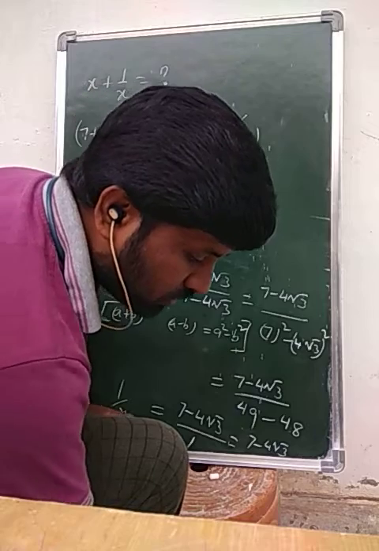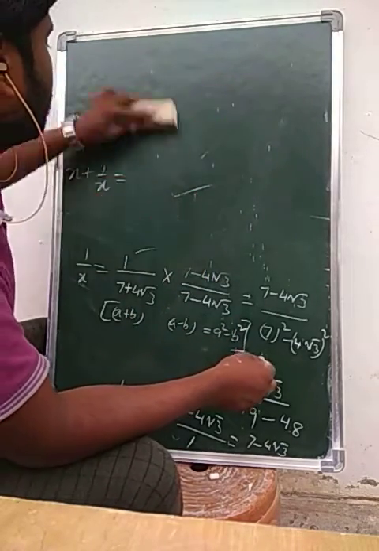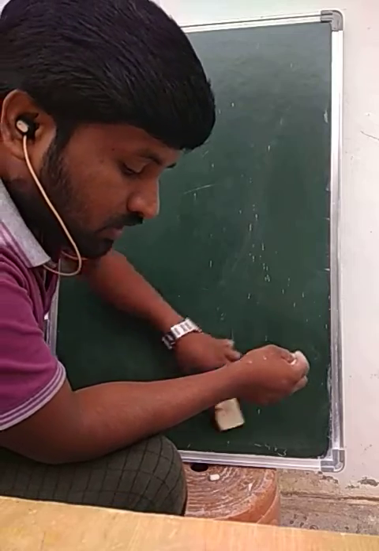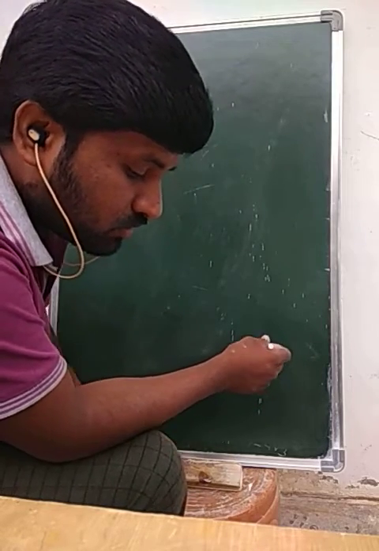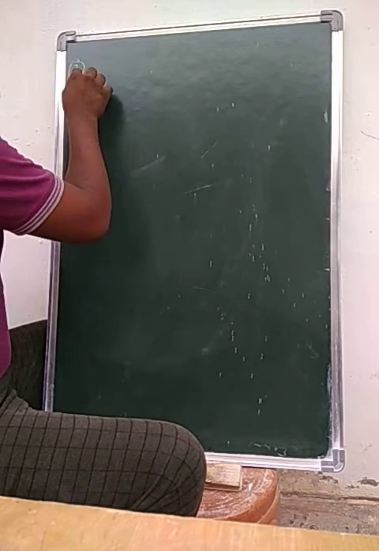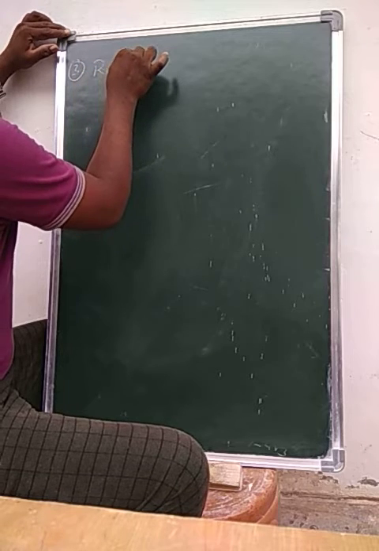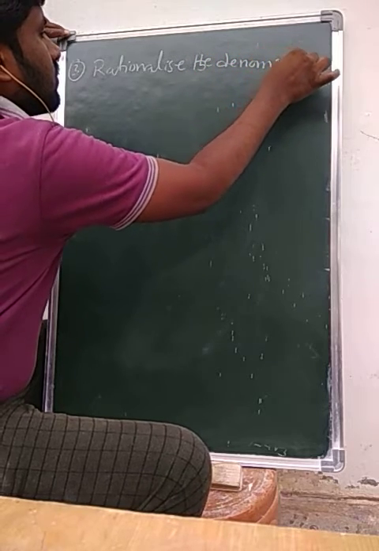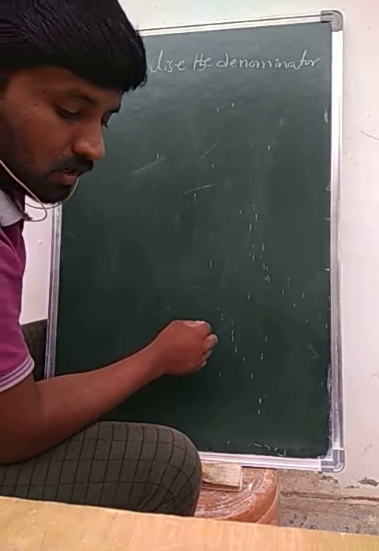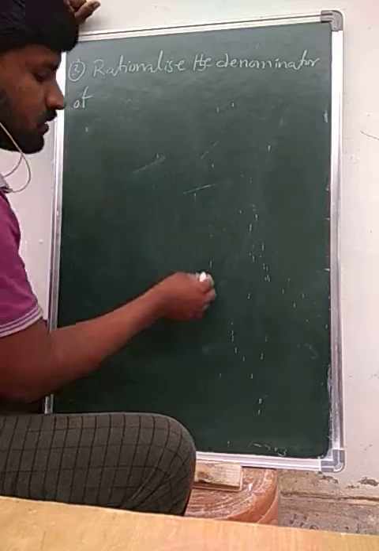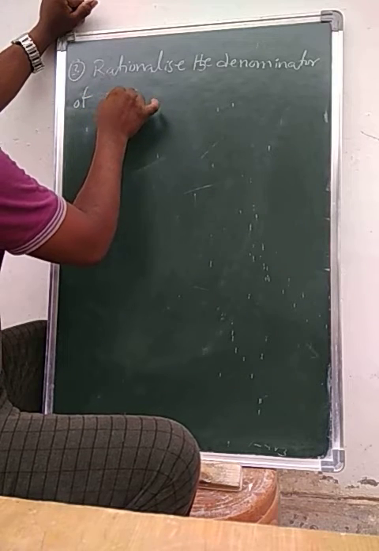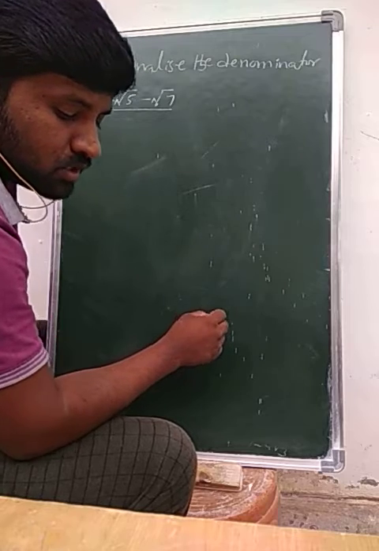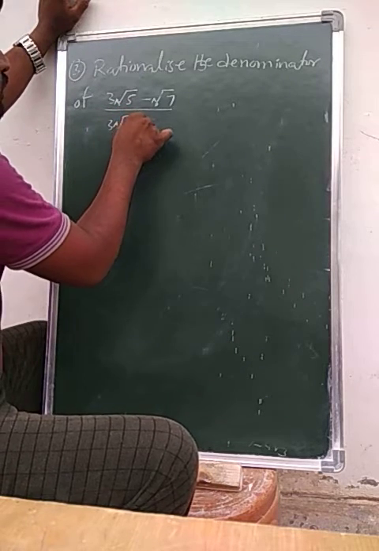Now see one more example in this model. Next, the third question in this model: rationalize the denominator of (3 root 5 minus root 7) by (3 root 3 plus root 2).